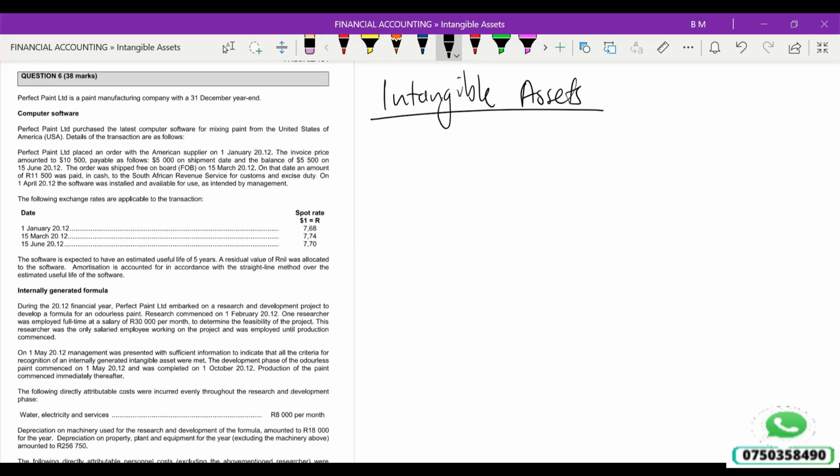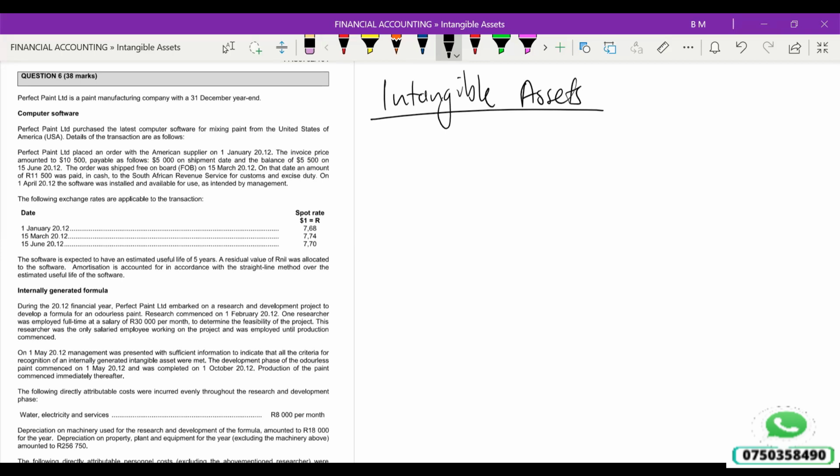So now the part that we deal with is how to account for these intangible assets. Remember last week we did the effects in the exchange transaction.